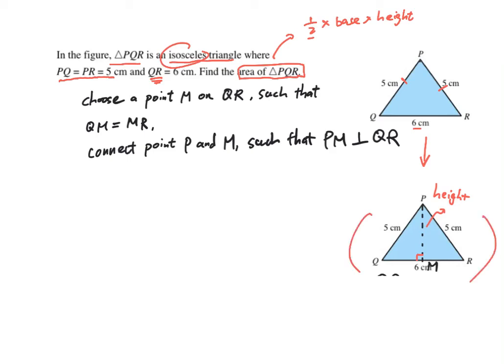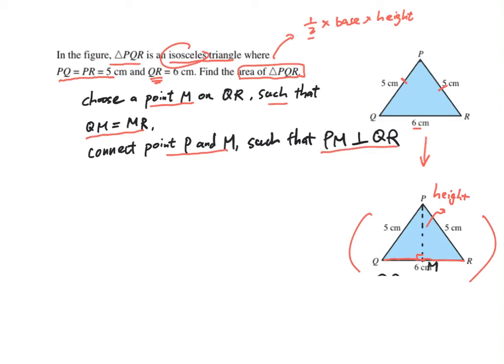Like the diagram below here. First of all, you need to choose a point on baseline QR such that QM equals MR. That means M is a midpoint. And then you can draw a line passing through P and M, and this PM will be perpendicular to QR.